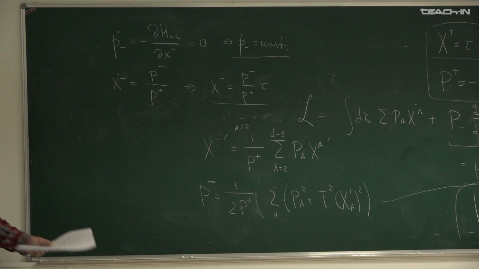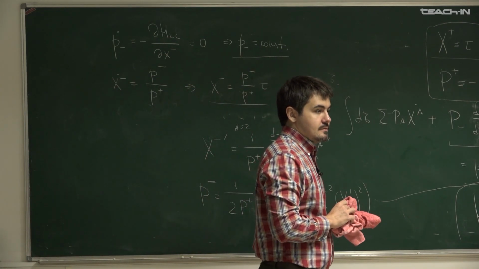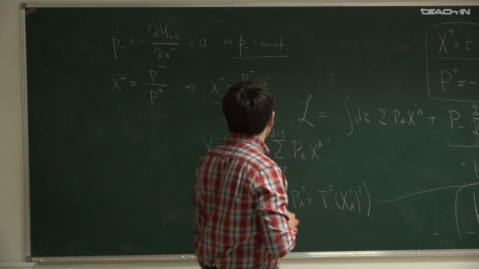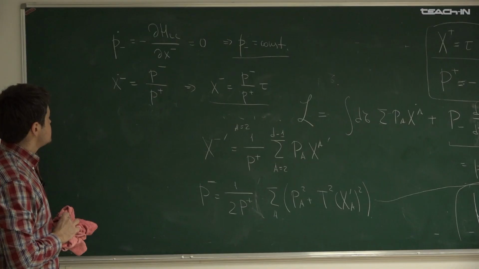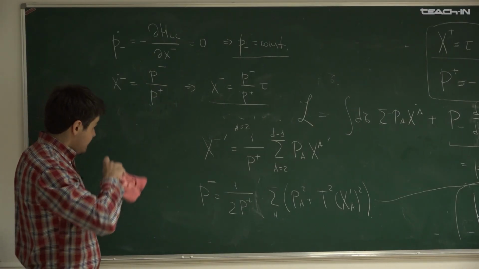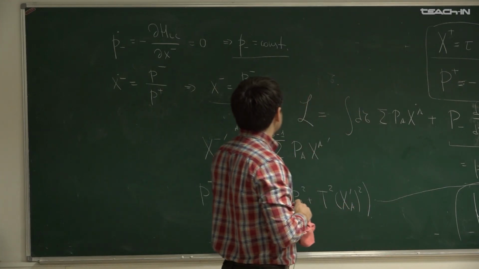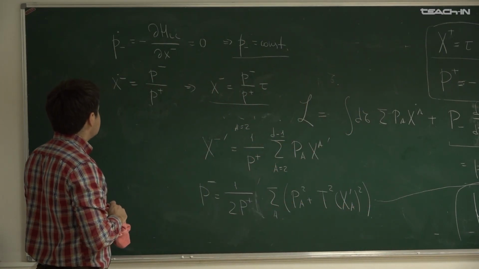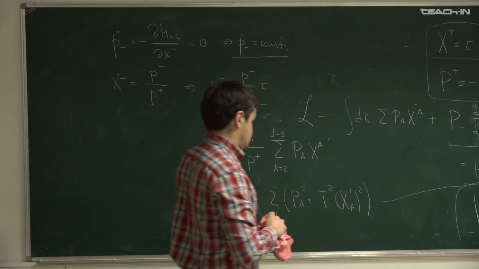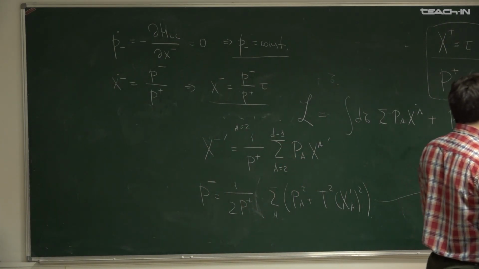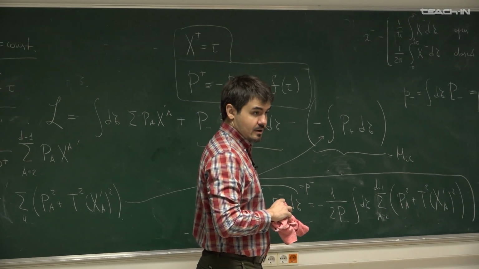Can I ask another question? Yeah. Is p plus then also a constant? Because when we integrate with respect to tau, we assume it's a constant, but I don't see why. Which p plus? Small p plus? Like x dot minus equals p minus divided by p plus, and then we integrate with respect to tau, and we assume the lower p plus is a constant. Yes, p plus is also a constant because this is the Hamiltonian in a time-independent system, right?